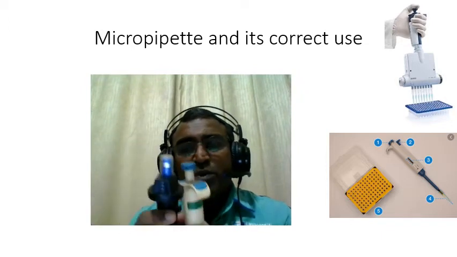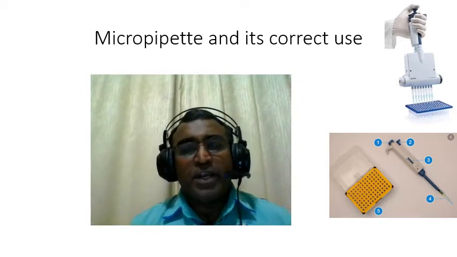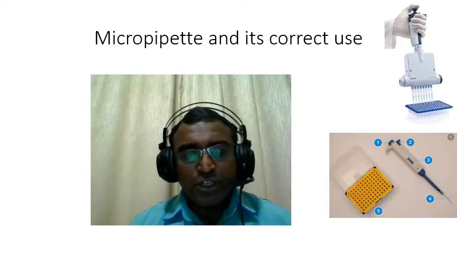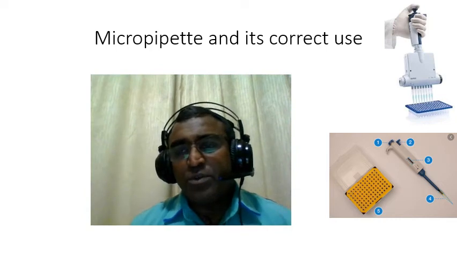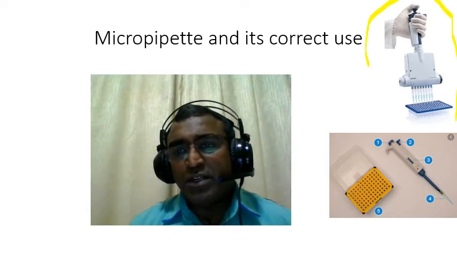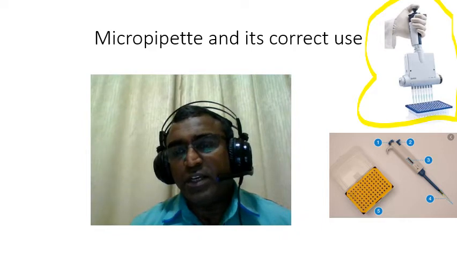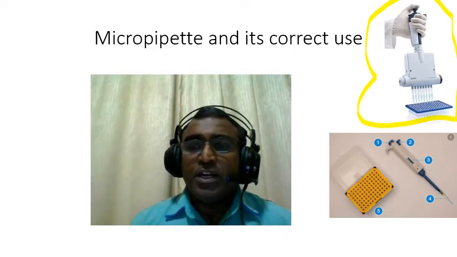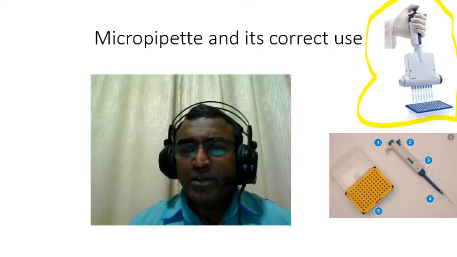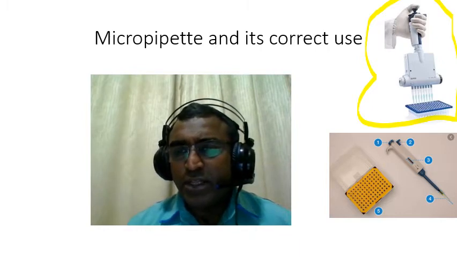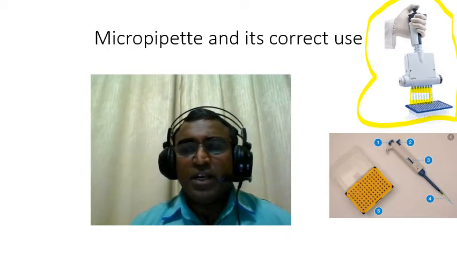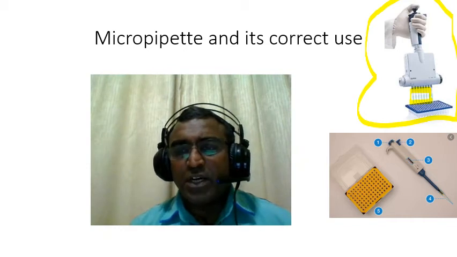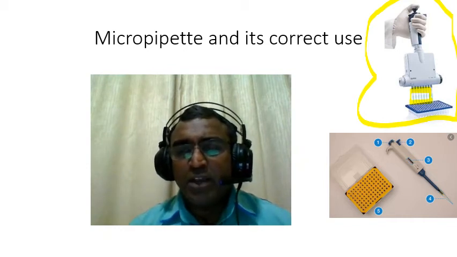Also, in terms of types of micropipette, the ones I showed you just now are all single channel micropipettes. There is also this multi-channel micropipette, as you can see shown there on the photo. This multi-channel micropipette has fitting for many tips, and therefore you can transfer at the same time.